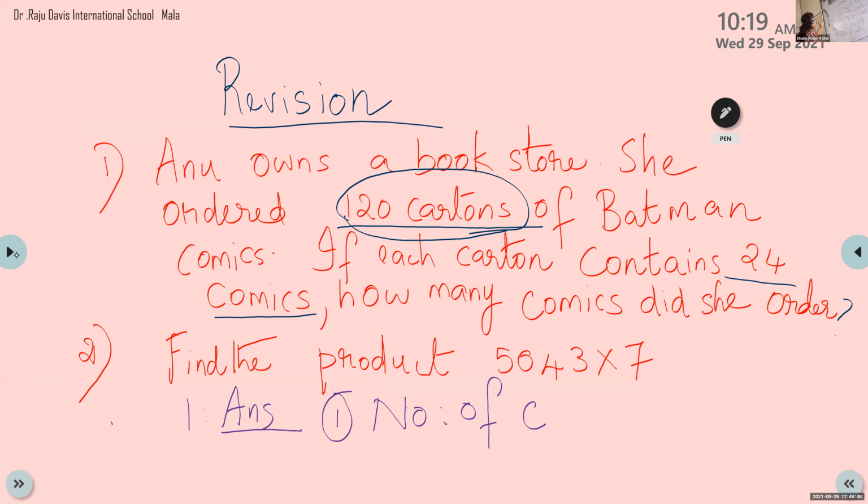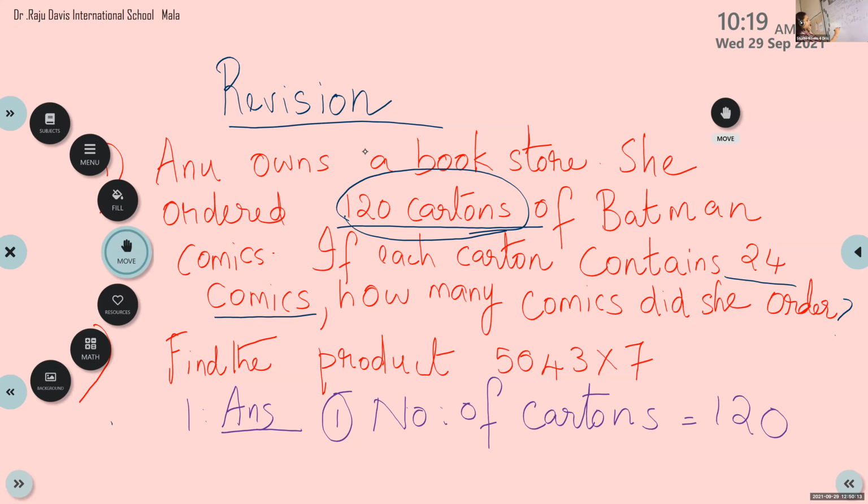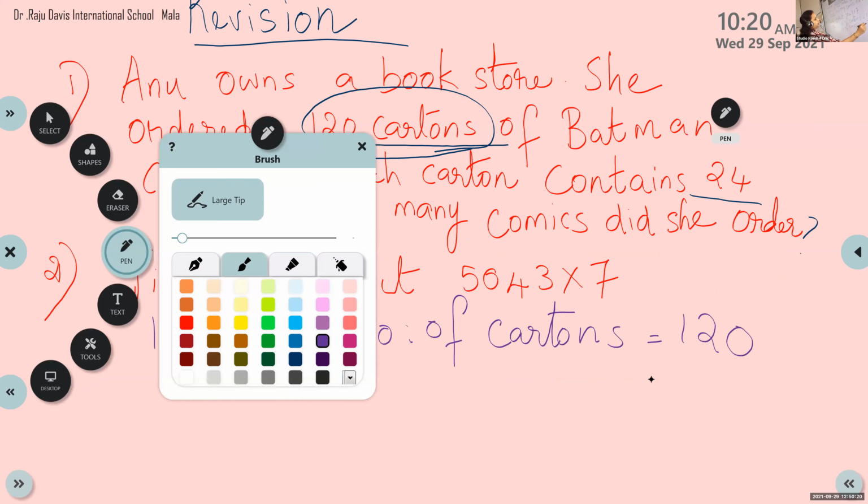Find out the answer. Number of comics. 24.